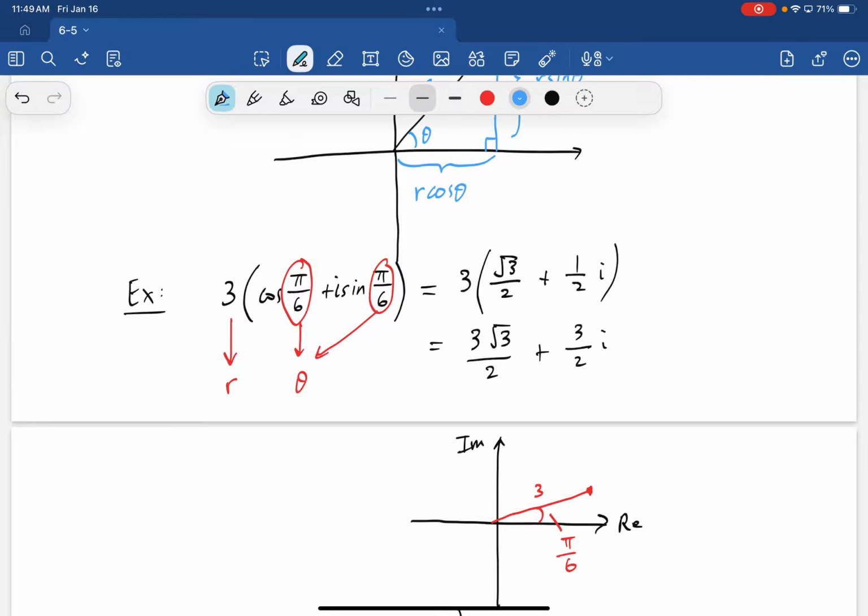And how do you know it's -1? Draw it on the unit circle, right? Cosine pi, x coordinate, -1. And then sine will be 0. So it's at -1, comma 0.